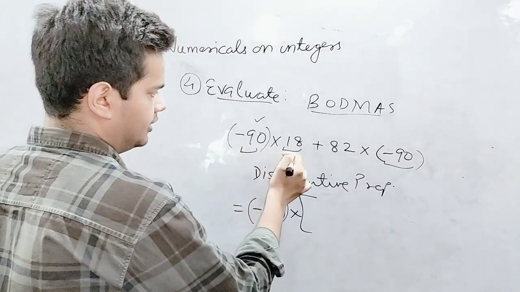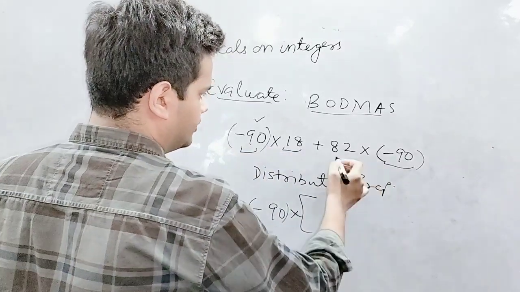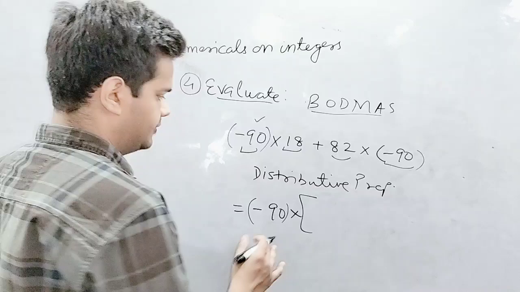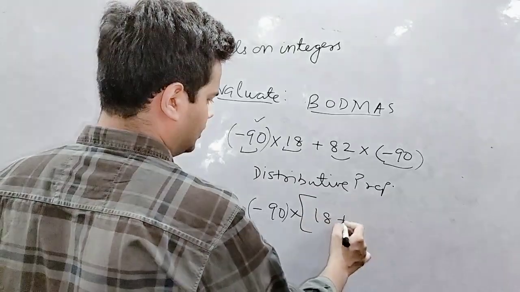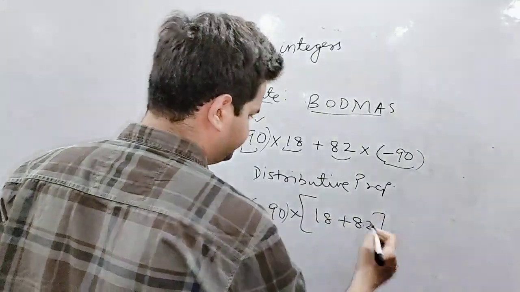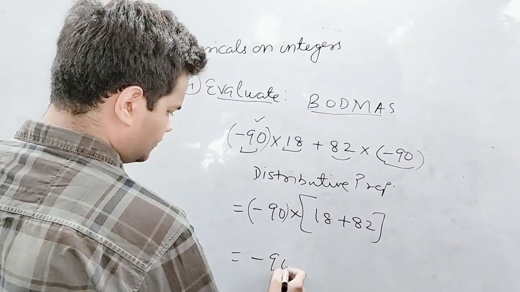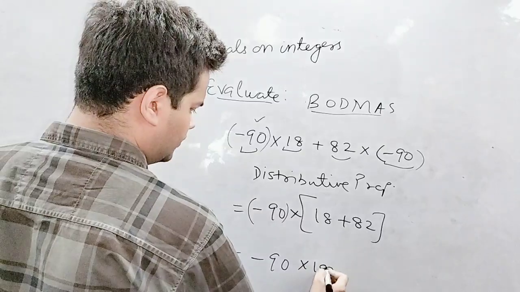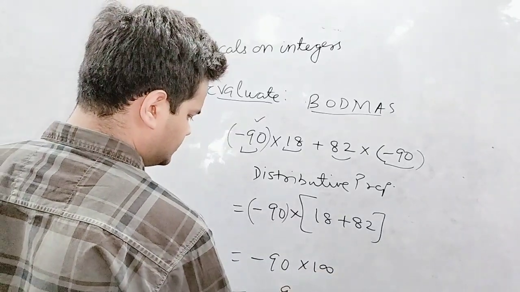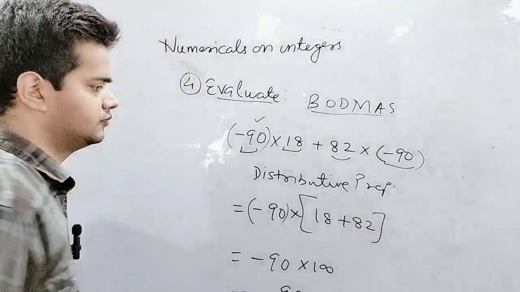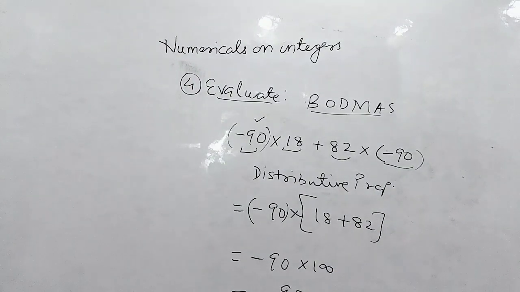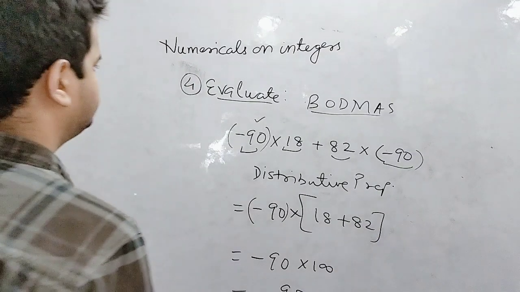For example, यहाँ पार्टनर 18 है और यहाँ पार्टनर 82 है. So this becomes minus 90 into 18 plus 82. So this becomes minus 90 into 100, which is minus 9000. Okay, note it down.